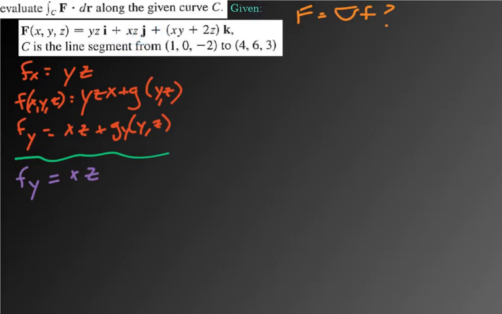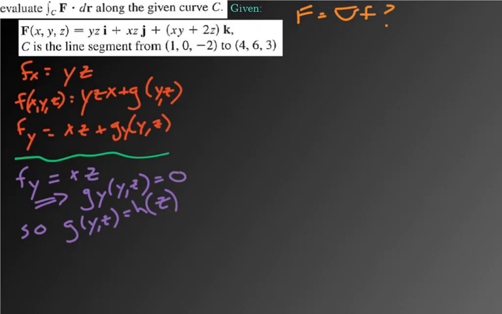And so this implies that g with respect to y of yz must equal 0. So g of yz, not the derivative part, is basically some function of z. So it's like h of z or something like that, because you could take the derivative of this and have it be just a function of z and still get 0. So we know that now.